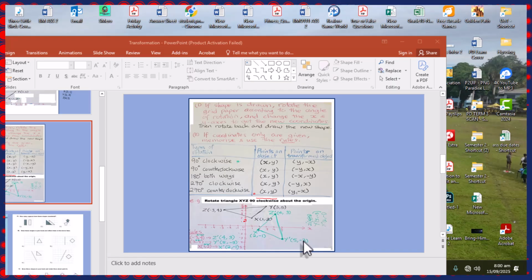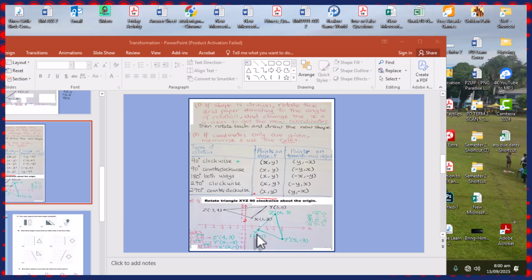There they are. Confirm. And point X on the object has the coordinates 1, -2, pardon me, 1, +2, and when we rotate it 90 clockwise, we switch them around. 2 becomes the x coordinate and 1 becomes the y coordinate with a change of sign.